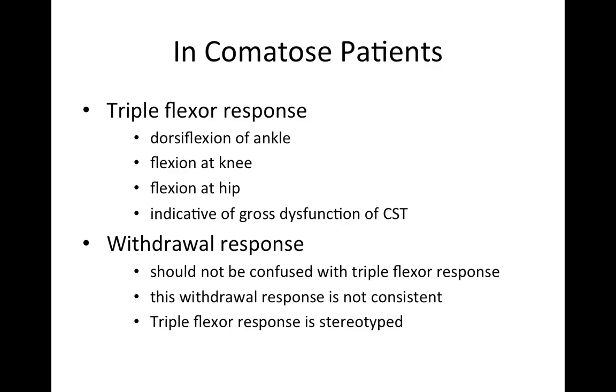The range of the flexion at the knee is variable, the range of the flexion at the hip is variable, and the foot movement is variable. It is not similar every time when you stimulate the sole. Okay. Whereas triple flexor response is stereotypic. Right? This is the difference.